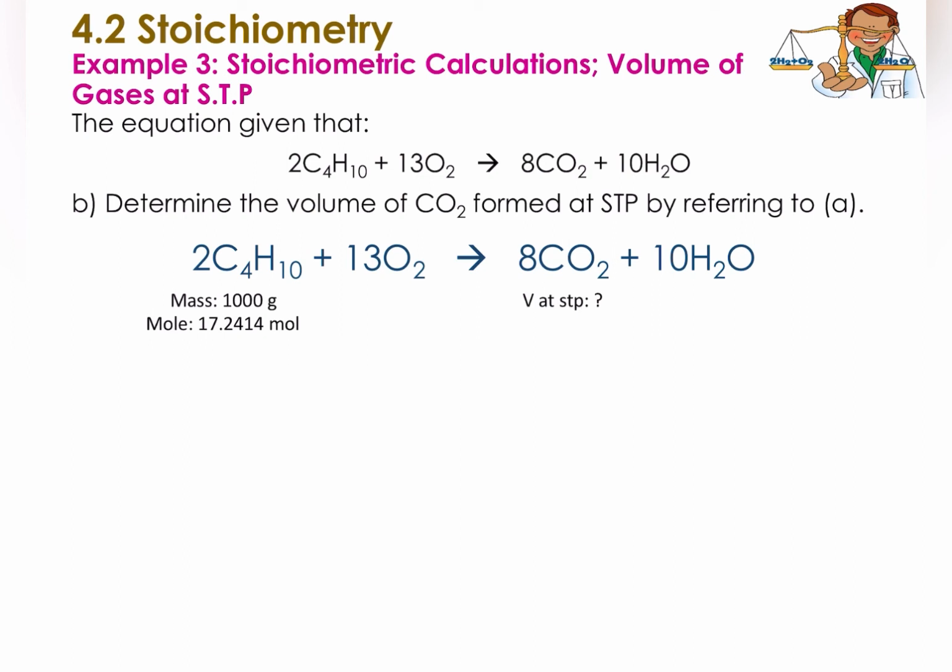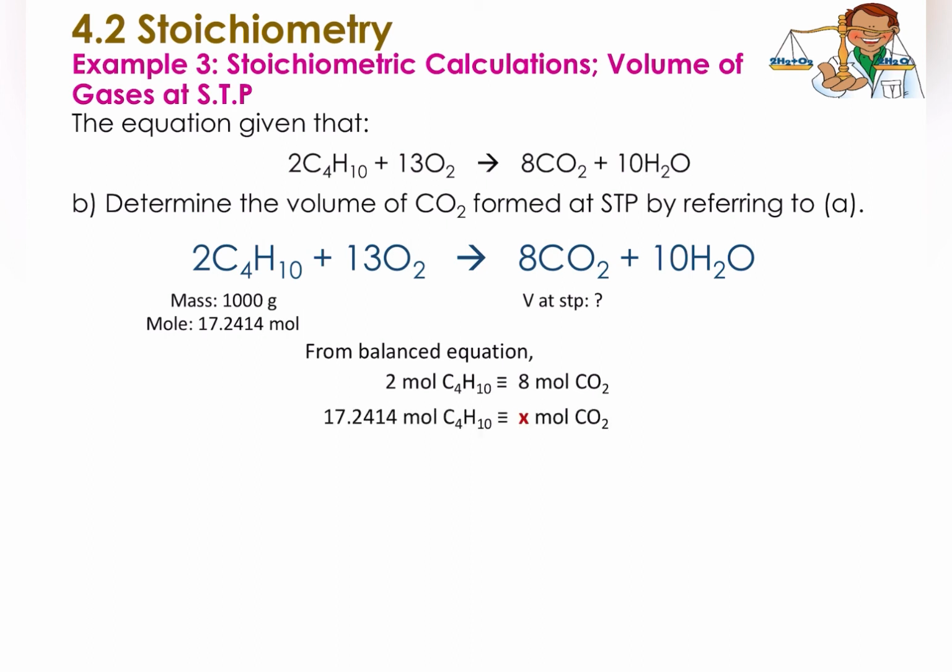So how to do that? Straight away kita dah ada mole given for butane, so maknanya kita boleh tentukan kita punya X, iaitu mole untuk CO2. So do your stoichiometry. Ingat, ayat pertama adalah from balanced equation. You got 2 moles butane produce 8 mole CO2.